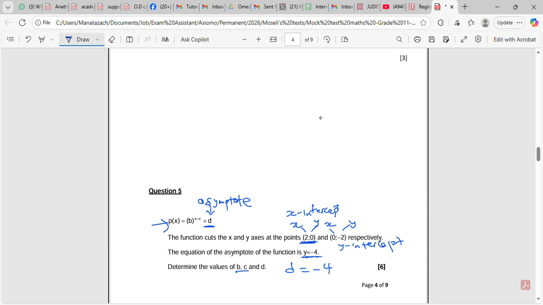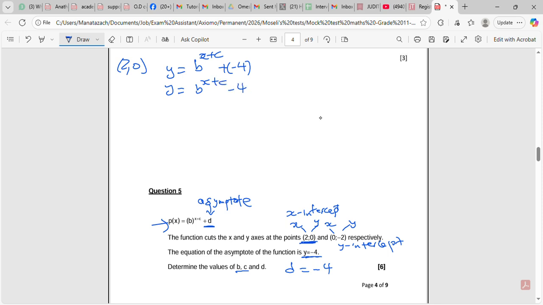Then I'm going to rewrite our equation as y is equal to b to the power x plus c, plus d. Remember, d we said is -4, so I'm just going to replace d there with -4.